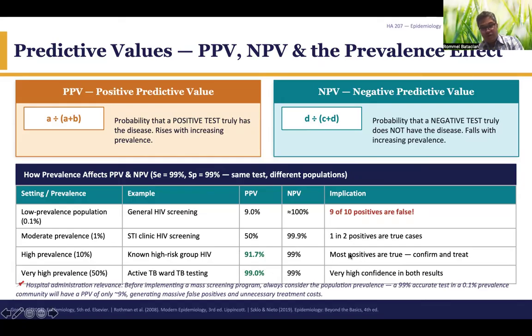Therefore, if it is positive, most of them are true positives, so you can do confirmation tests and eventually treat those individuals. And then finally, in the setting of very high prevalence, for example, those in an active TB ward, look at the positive predictive value: it is very high at 99%, and so goes the negative predictive value. So you have very high confidence in both results.